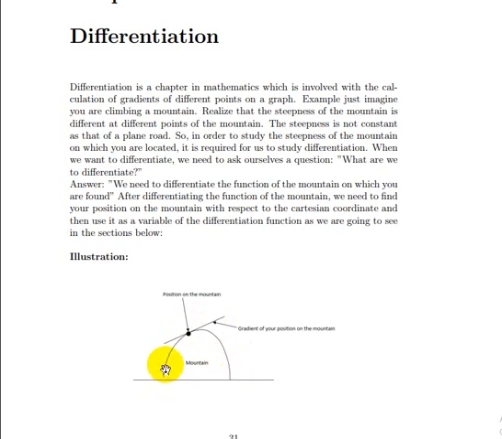So you have this quadratic equation, then you require differentiation in order to find the degree of steepness at each point of the function of the mountain. You will see in the later section how to differentiate. So let's start differentiation.